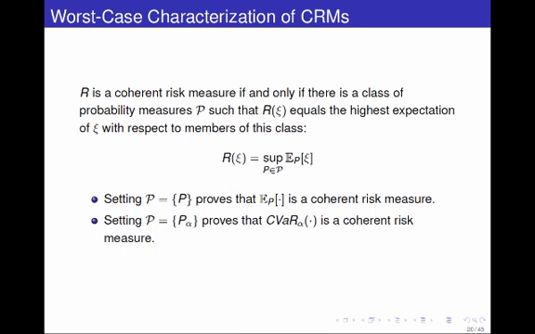A way to discover if it is coherent or not is the following. You give me the scoring rule, capital R, but you also give me a set of probability distributions. And if I do a worst case cost calculation over those probability distributions for a given lottery and it's equal to your scoring rule, then I know that the scoring rule is a coherent risk measure.